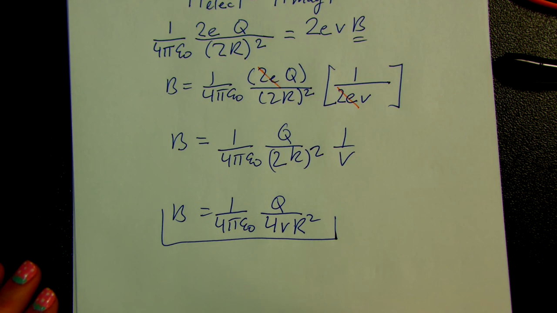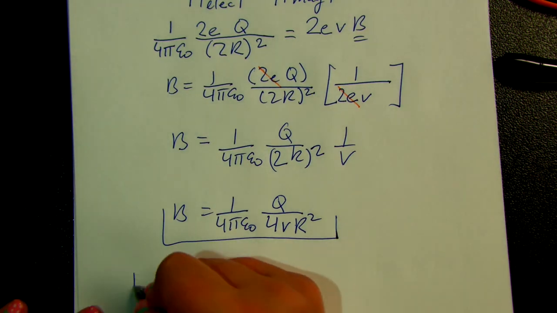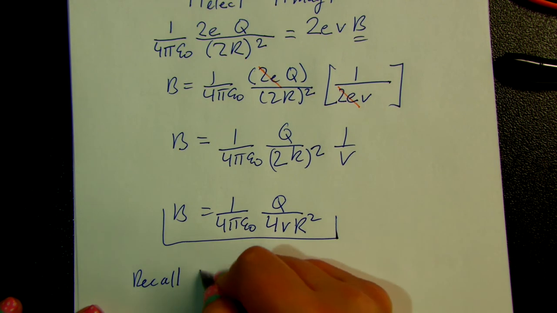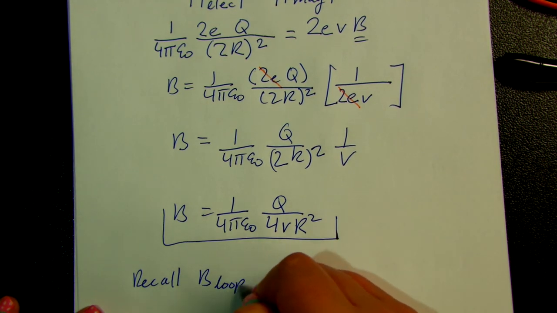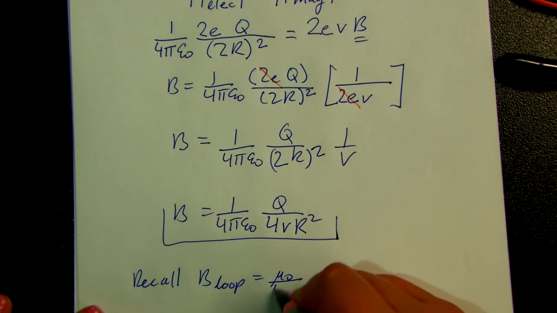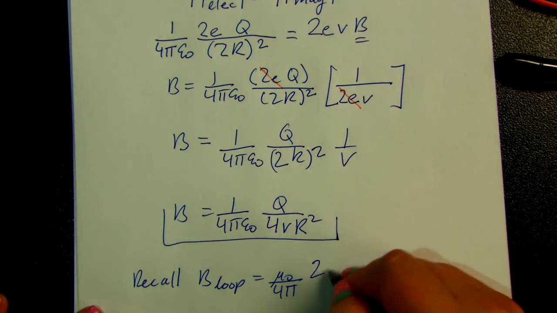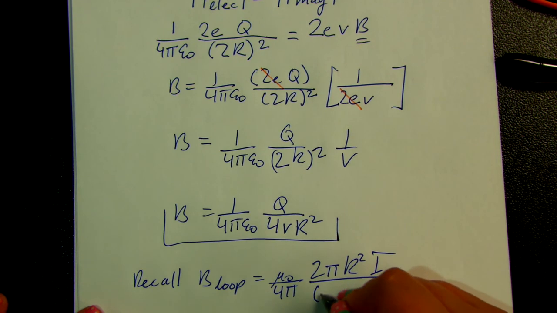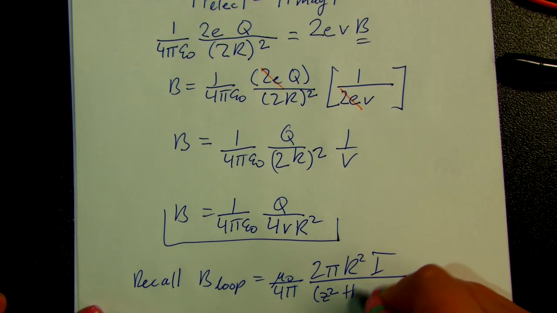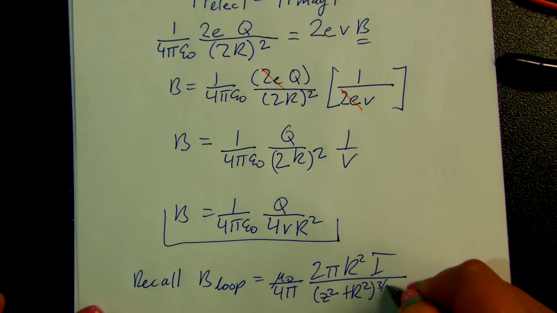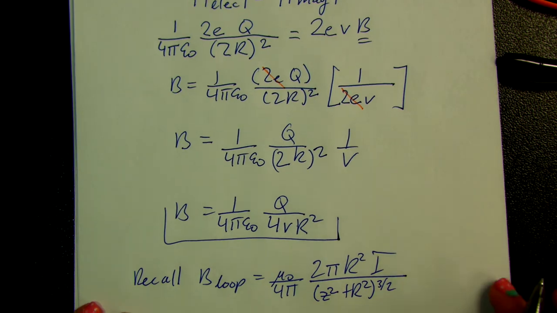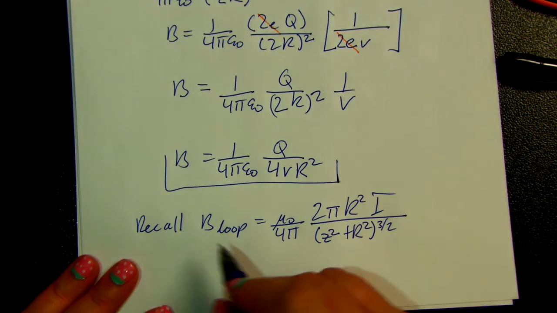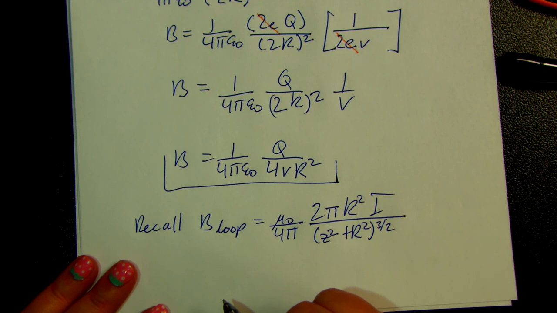Now, at the beginning of the problem setup, I said that we are dealing with a loop. And if you recall, the magnetic field of a loop is equal to mu naught over 4 pi, 2 pi r squared I, divided by z squared plus r squared to the power of 3/2. This is for the generic loop, again, chapter 17.